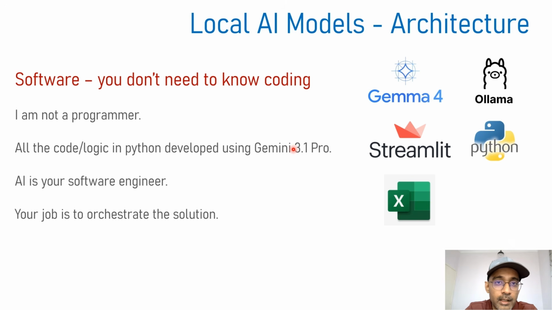But you can use any cloud model, as it is very good at coming up with code, logic, functions, etc. You can use a cloud model to develop a solution that works as a local, open model. As long as you know what you want, AI can design the software for you. So your job is only to orchestrate, come up with a clear workflow, come up with a clear idea of what you want, and then you can talk to AI and it can come up with the code.